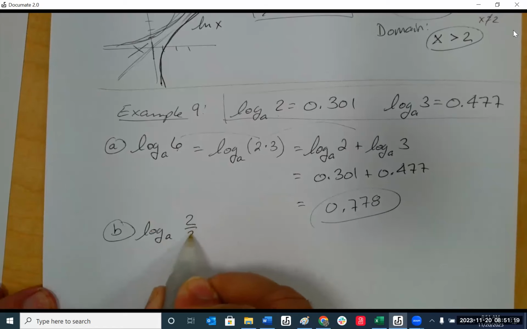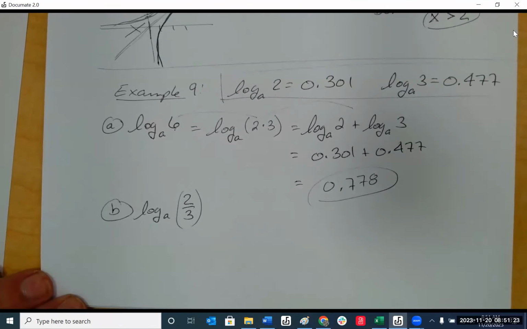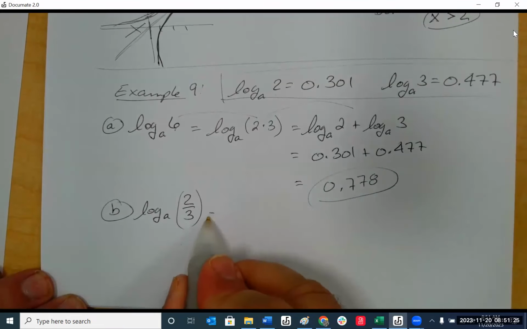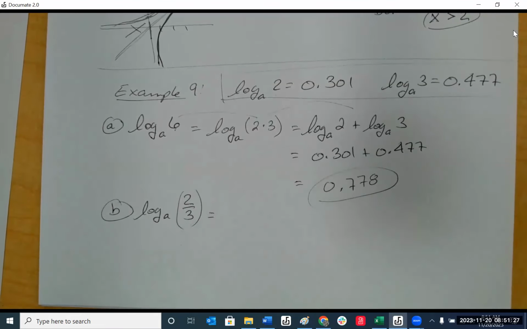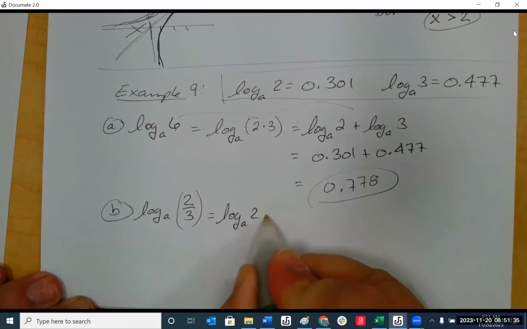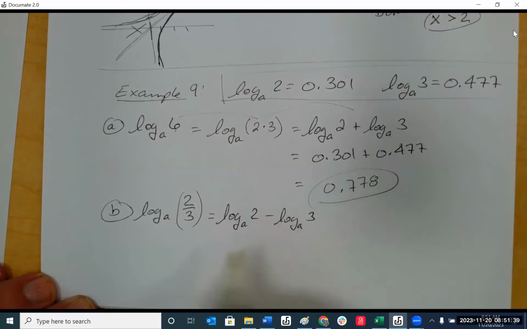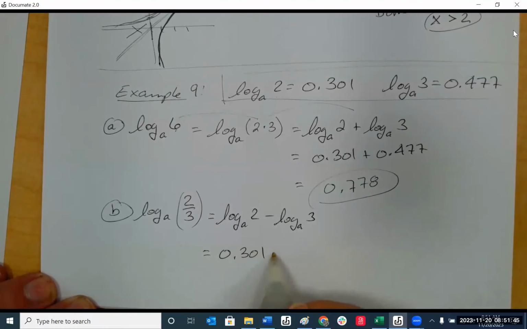B is log base a of 2 over 3. This is a quotient, so we use the quotient rule. Log base a of 2 minus log base a of 3, which is log base a of 2 is 0.301.